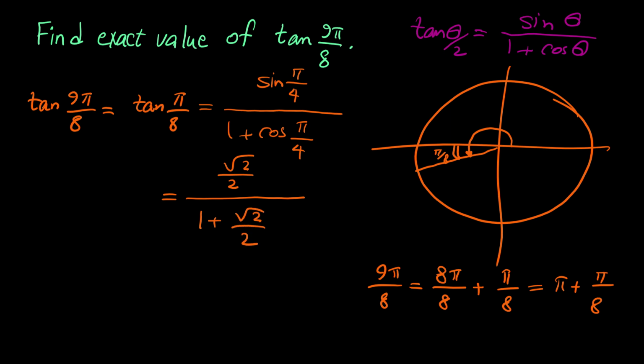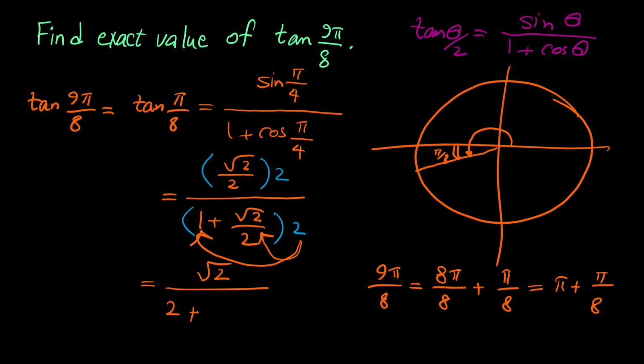For simplifying this again, we multiply the numerator and denominator by 2 because we want to eliminate the denominators. This equals radical 2 all over, multiplying 2 in the bracket, 2 plus radical 2, because denominator with numerator cancels.